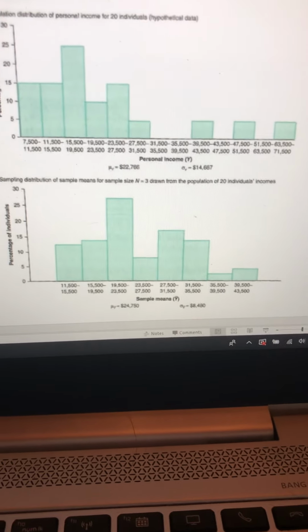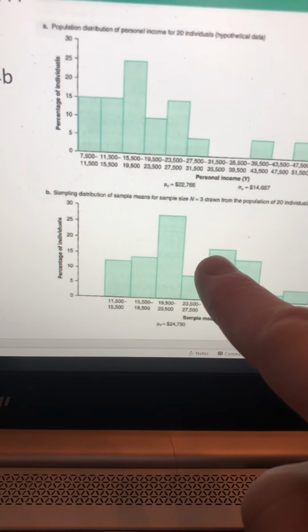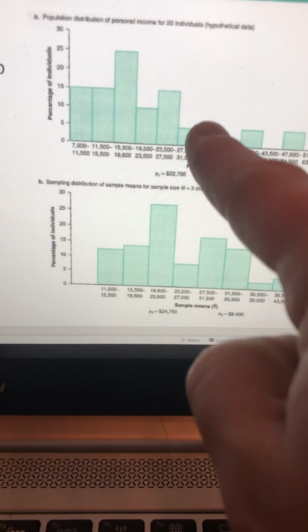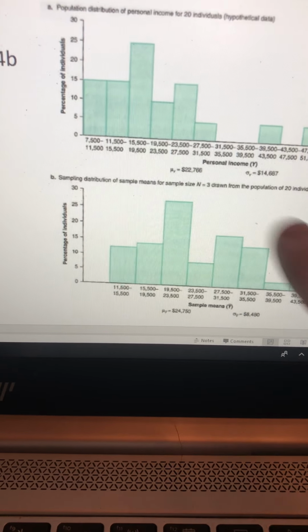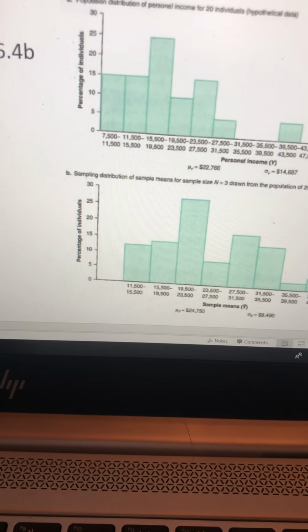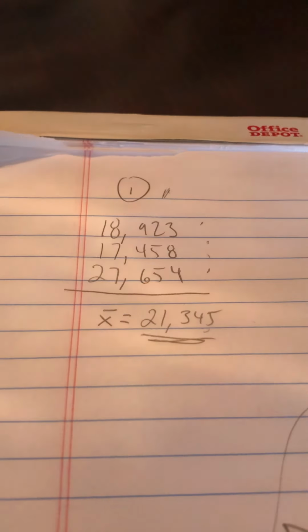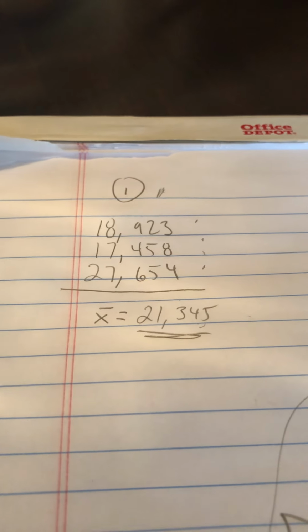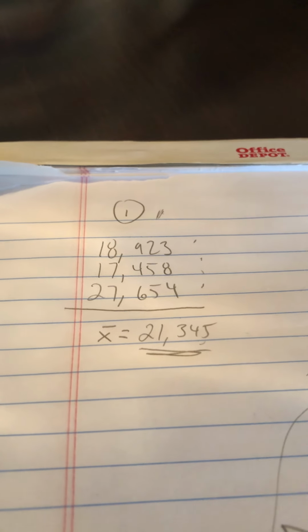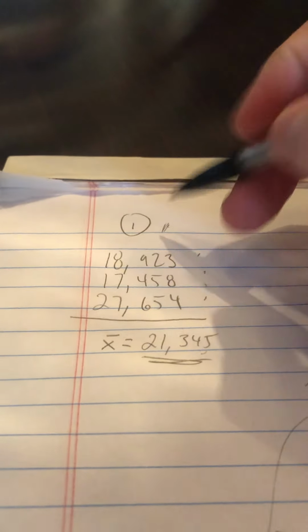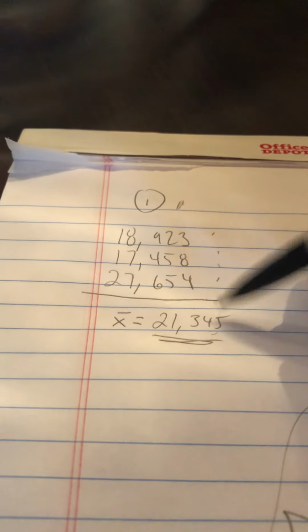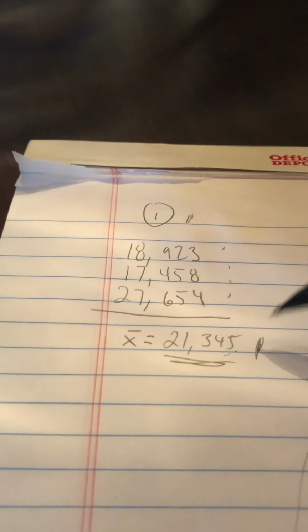So as you can see, this approximates a normal curve much closer than this one with sample size 3. Now what happens if we take a sample size of 6? Again, back to this example, we took sample sizes of 3. Well, what if we chose sample sizes of 6 from the population and got a mean? So rather than 3 people, we got 6 and got a mean for sample 1.